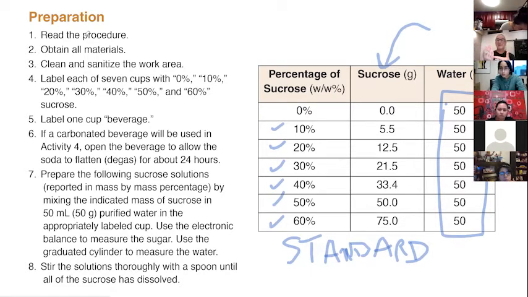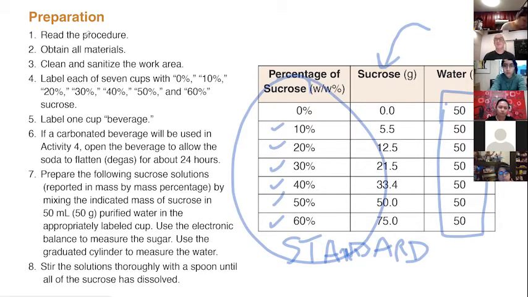Once we figured out what the density of that is, we can refer back to the data we've collected here with these standard solutions, and then figure out what the percent sucrose is of our unknown.